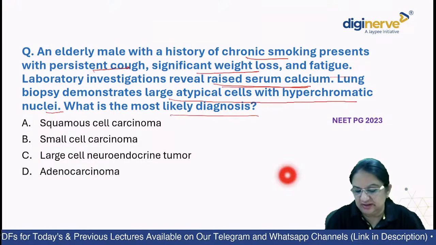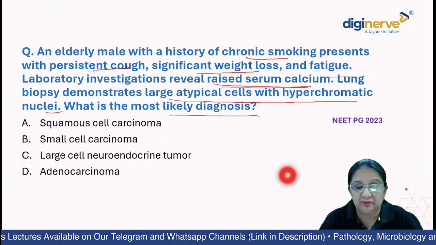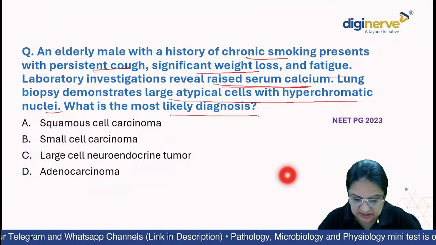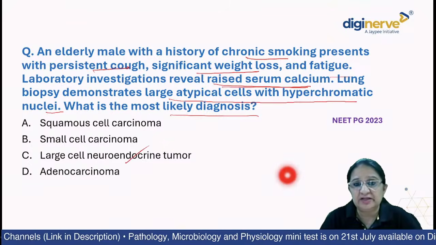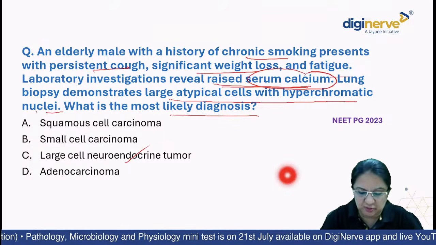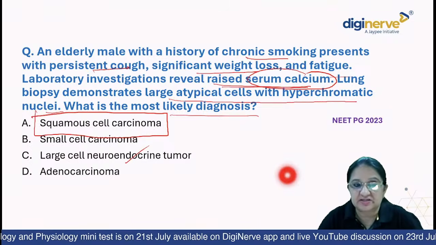What is the most likely diagnosis? They say large atypical hyperchromatic nuclei, don't go for large cell carcinoma. Although we mentioned large cell neuroendocrine carcinoma just to confuse you, seeing hypercalcemia, your diagnosis should be squamous cell cancer. Okay, not a large cell cancer, right?